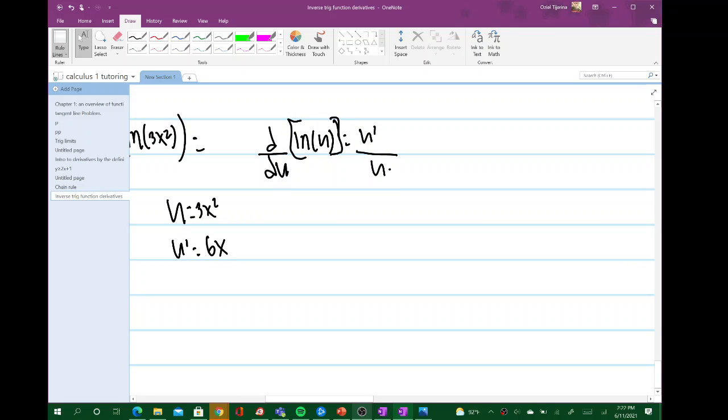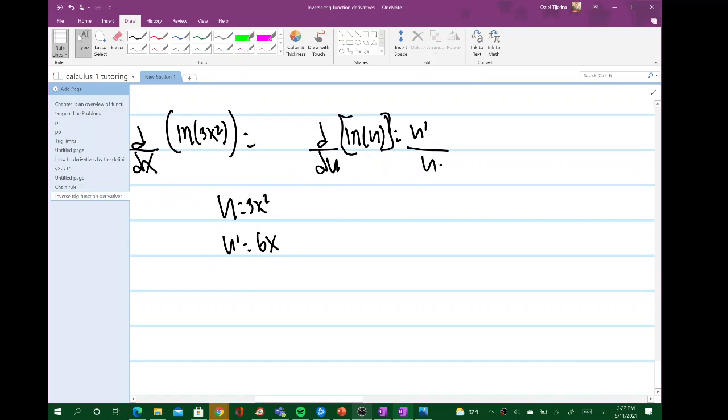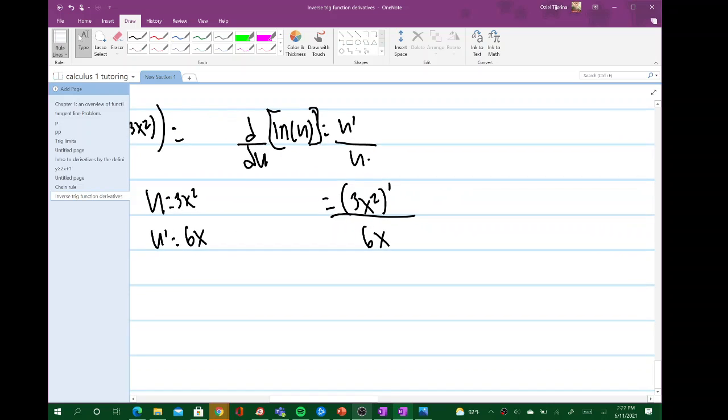So basically, this is going to be 3x squared prime over, or actually, hold on, my bad. 3x squared prime, which is really 6x, over 3x squared.